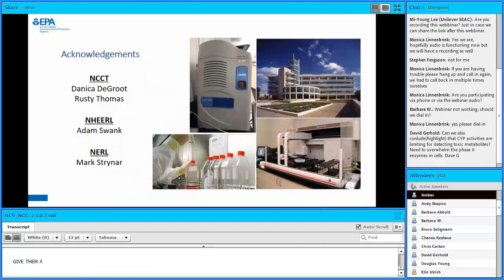So can we also highlight that CYP activities are limiting for detecting toxic metabolites, need to overwhelm the phase 2 enzymes in the cells? And it's from David G. Hey, Dave. No, I wouldn't necessarily jump to that conclusion. That was why I gave all the caveats about using cytotoxicity, right?